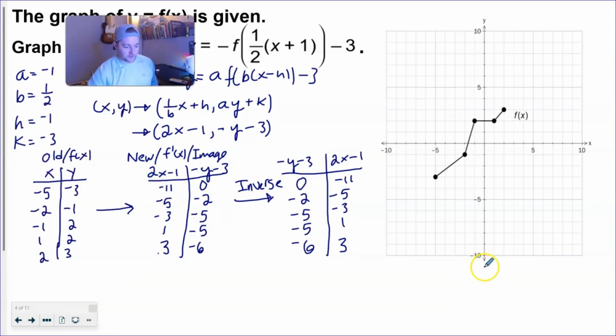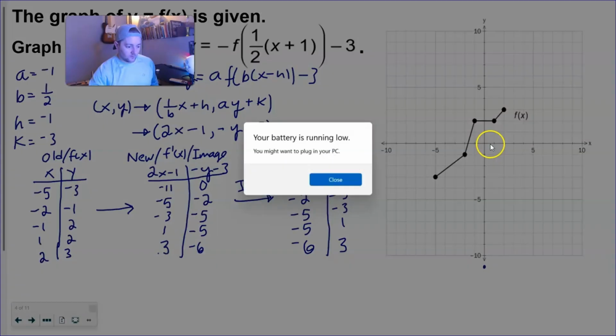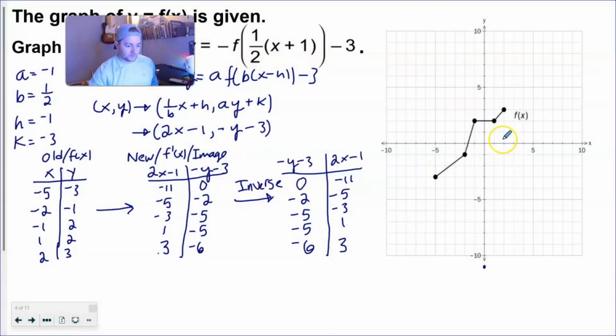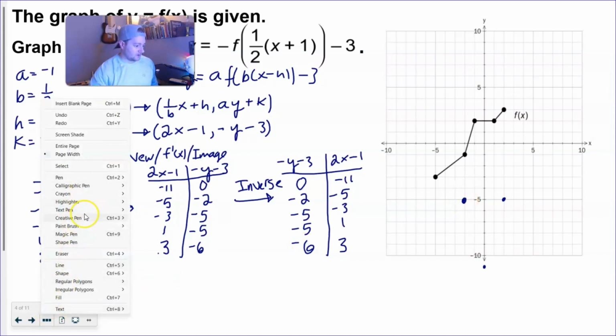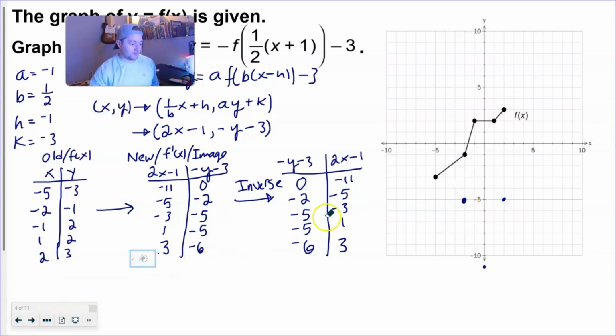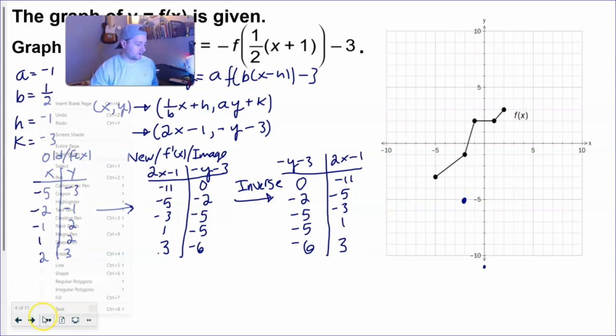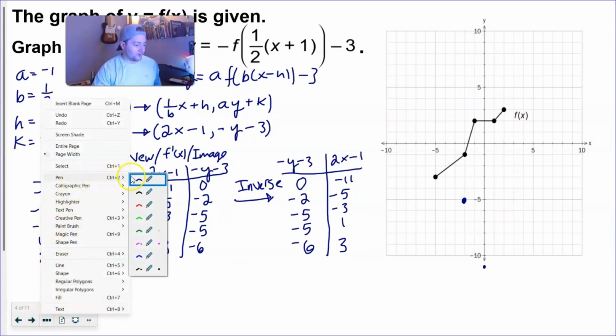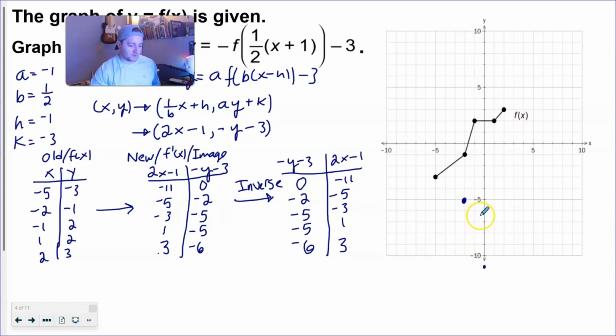All right, so 0, negative 11, put it right there. Negative 2, negative 5, right there. Negative, that is not negative 2. See, I got distracted by that little warning. Messes me up. So guys, I'm human, right? Nobody's perfect, is what I like to say, especially not me.